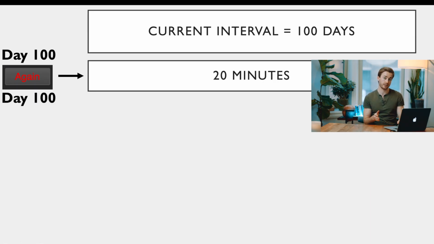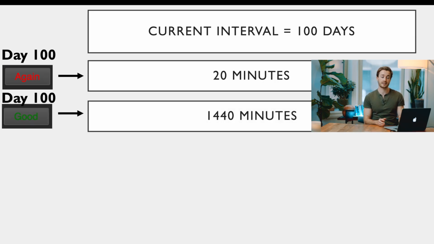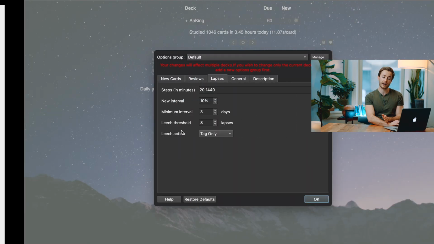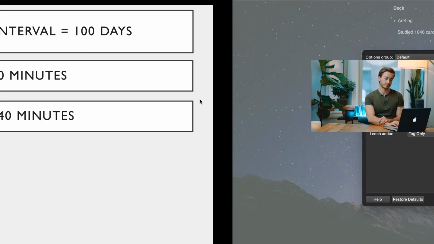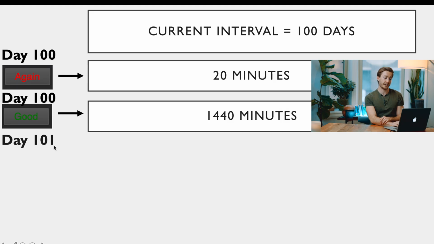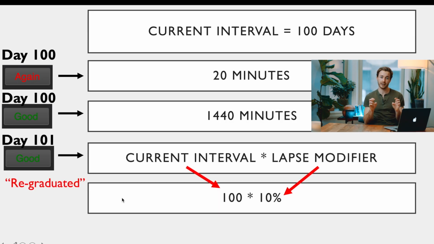So if we see that card 20 minutes later, that same day, and we hit good, it gets sent 1 day into the future. Why does it get sent 1 day in the future? Because I have this second number here of 1440, which for 1,440 minutes is 1 day. Okay. Now we see it that next day, day 101. What happens if we hit good again? Well, this card is re-graduated.